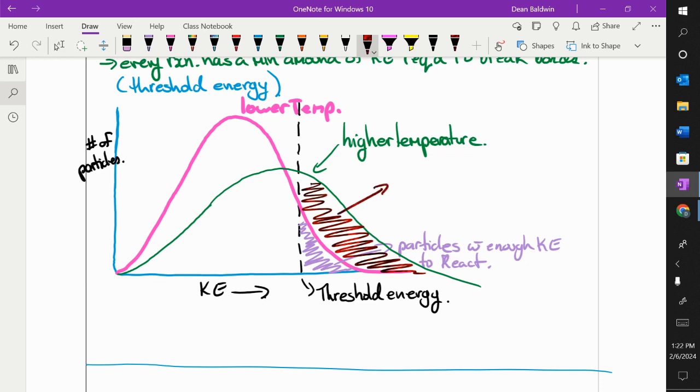So I can just write it right here. Higher temp equals increased percentage of particles with enough kinetic energy to react.